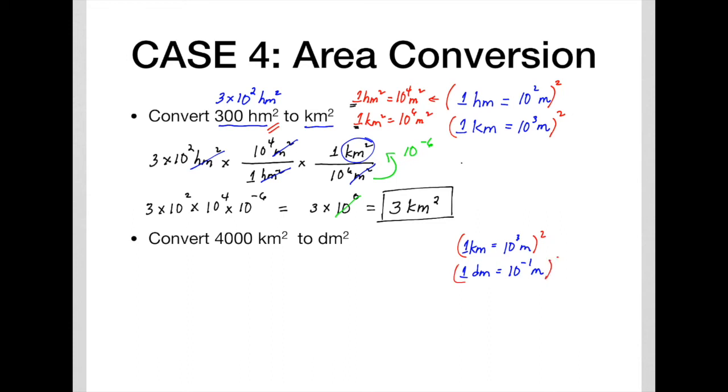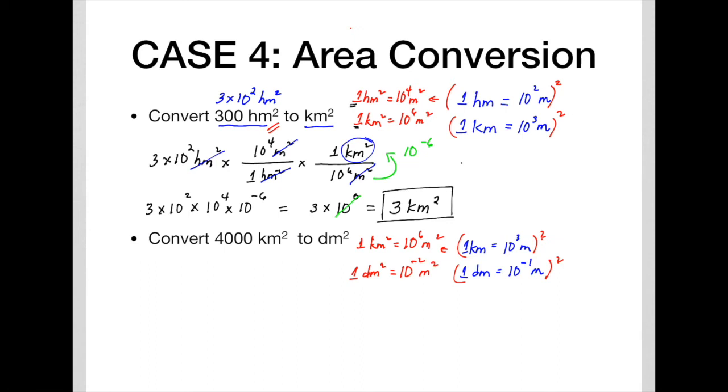And then therefore, we have now 1 kilometer square equals 10, 2 times 3, that is 6, 10 raised to 6 meter square, and that is 1 decimeter square, 10 raised to negative 1 times 2, that is 10 raised to negative 2 meter square.